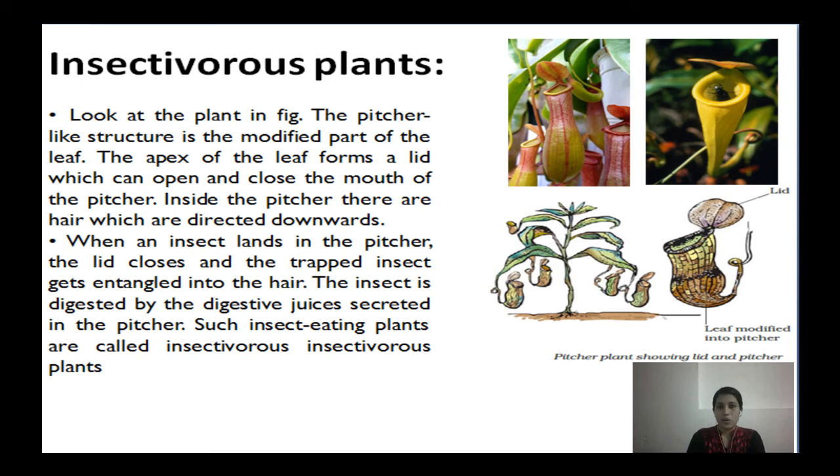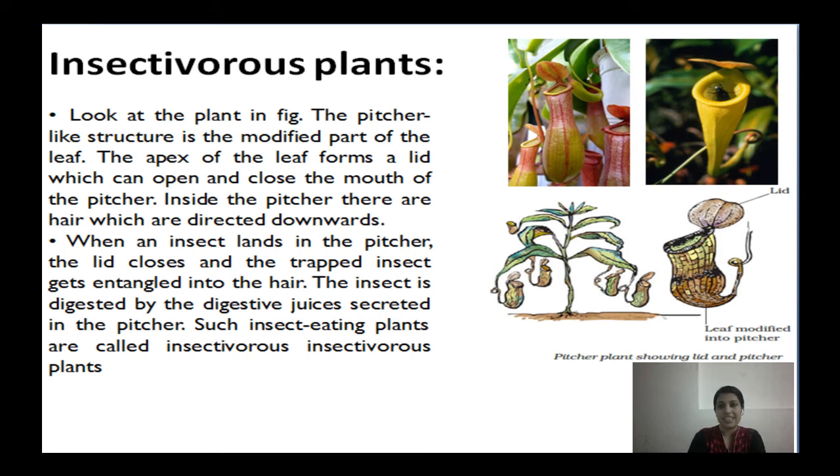We will study about the pitcher plant in detail. Look at the three figures. They are all pitcher plants. The pitcher, like a jug-like structure, is the modified part of the leaf. The apex of the leaf forms a lid which can open or close the mouth of the pitcher. Inside the pitcher there are hairs which are directed downwards.